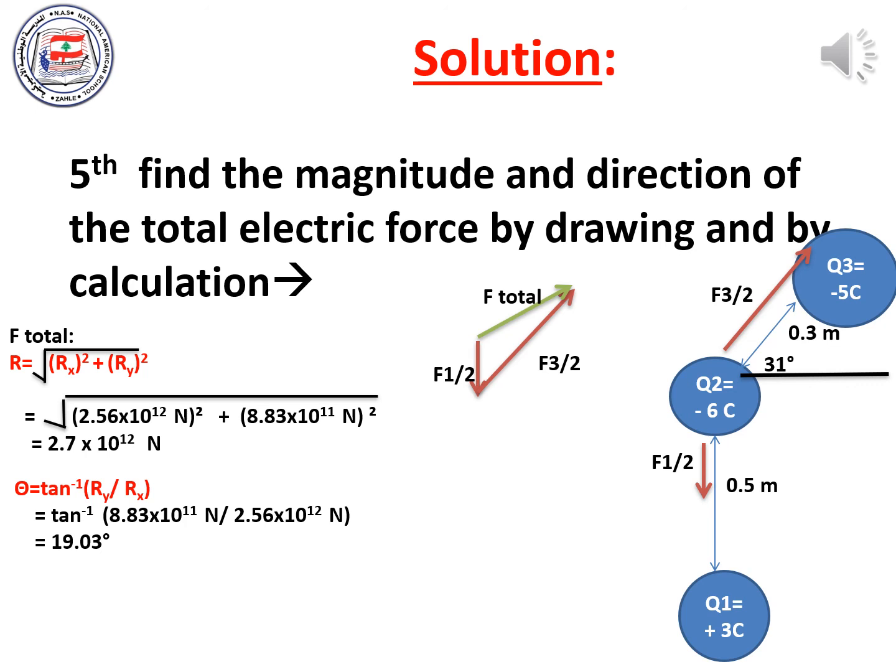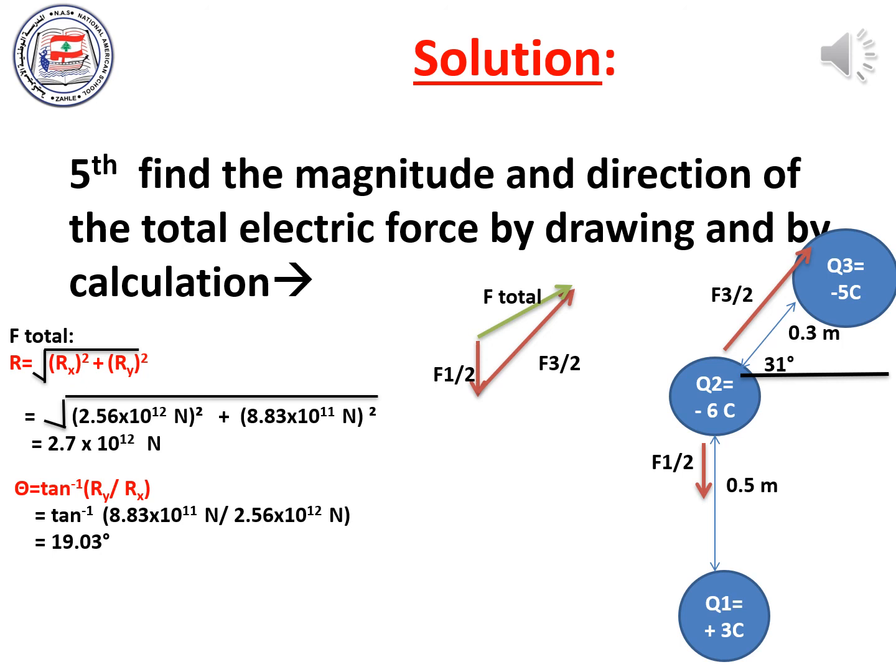We draw the first vector, which is F1 on 2, as it is, negative on the vertical, so it is downwards on the vertical, and we put the tail of the second vector on the head of the first. So we put the tail of F3 on 2 on the head of F1 on 2. Then we draw the resultant vector, which is the vector of the total electric force acting on charge 2, from the tail of the first to the head of the last. As you can see in the figure, the total force is in green.